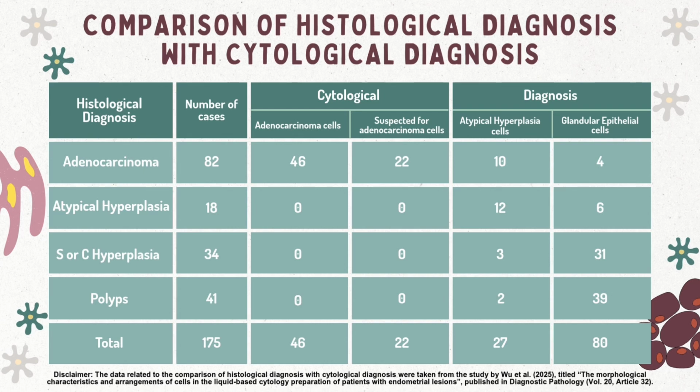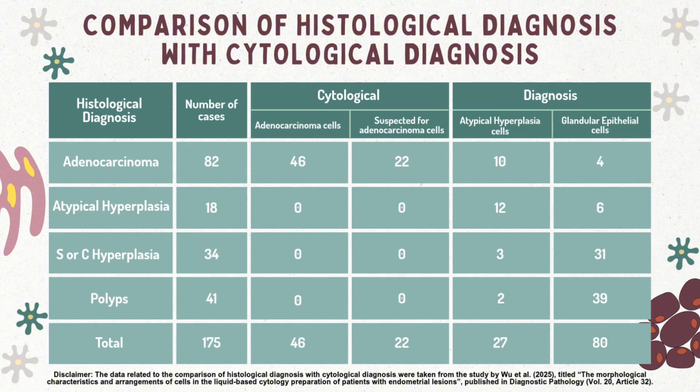Next, for atypical hyperplasia, among the 18 histologically confirmed cases, 12 cases were correctly identified, but 6 cases were underdiagnosed as benign glandular epithelial cells. Next, simple or complex hyperplasia.